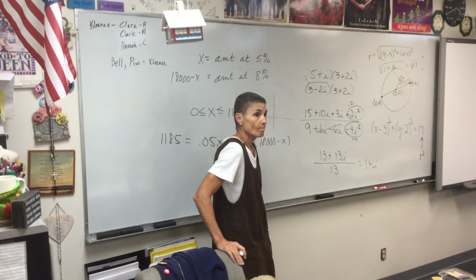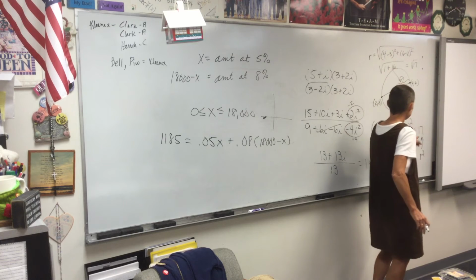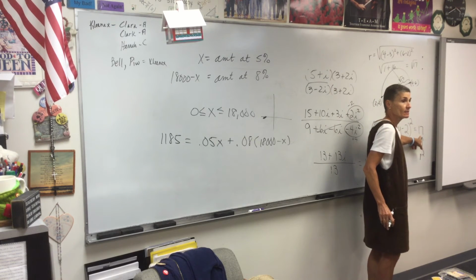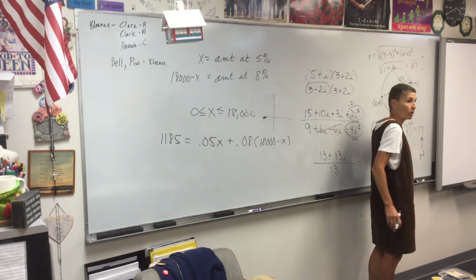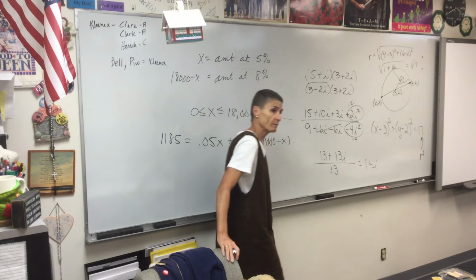Why did we have to put it into the distance formula? We had to find the radius. When you write the equation of a circle, you need to know the center and you need to know the radius. I didn't know how long that was, so I had to find the length, so I knew what my radius was.